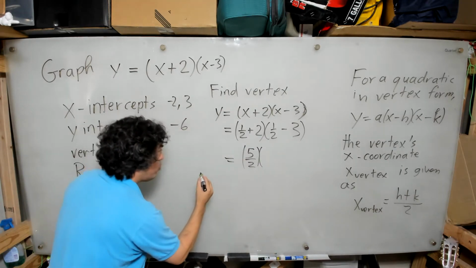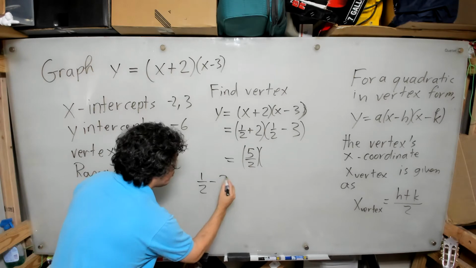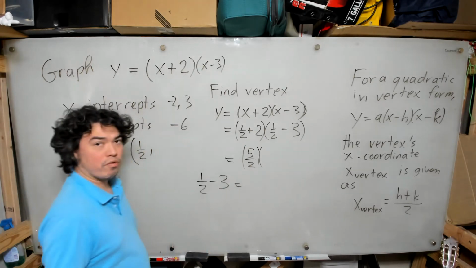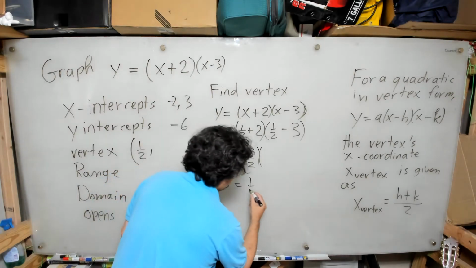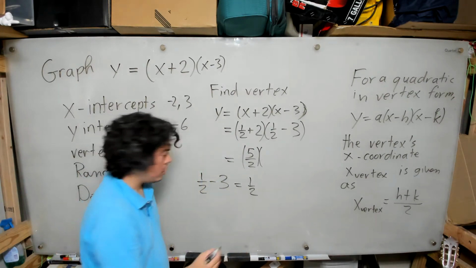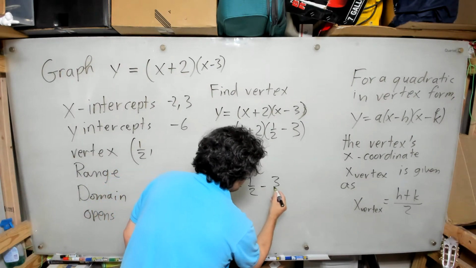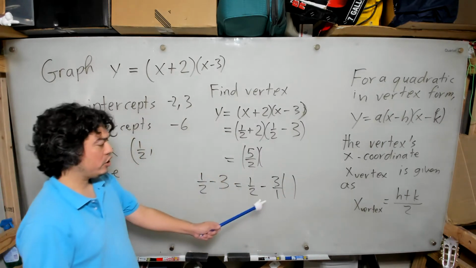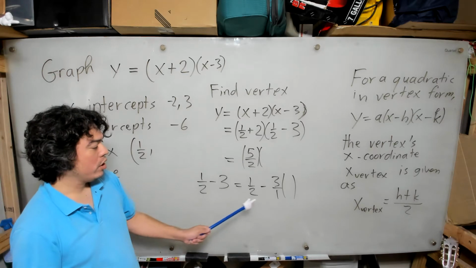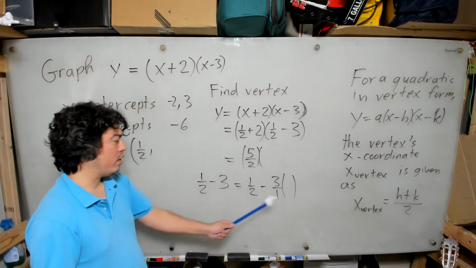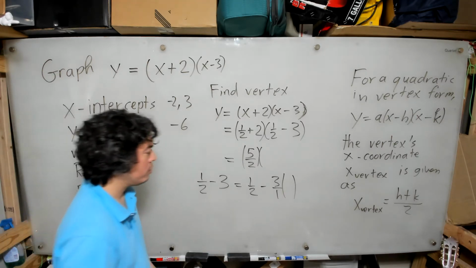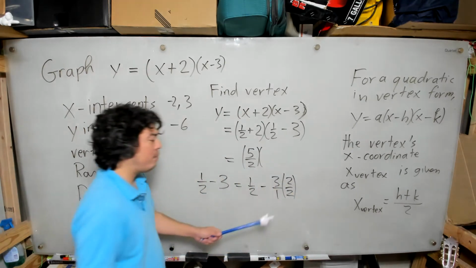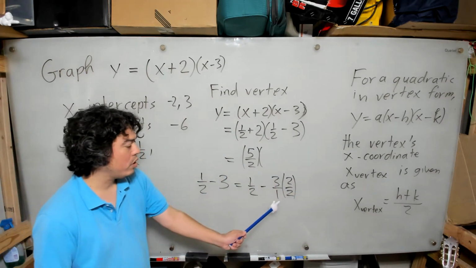So what if I do 1/2 minus 3? Okay, I can rewrite the 3 as 3 over 1, right? So it'll be 1/2 minus 3 over 1. And of course, I'm going to leave a space there for a fraction that I'm going to multiply times this 3 over 1 so that I can get the same denominator with these two fractions to perform the subtraction. Okay. I pick 2 over 2 because if I do 2 times 1, I'll get 2.